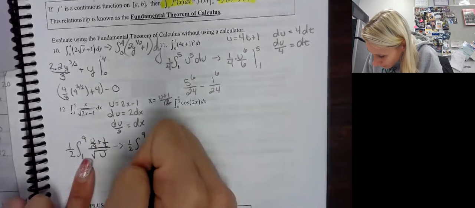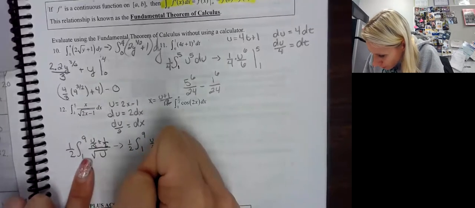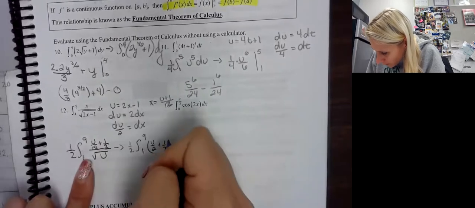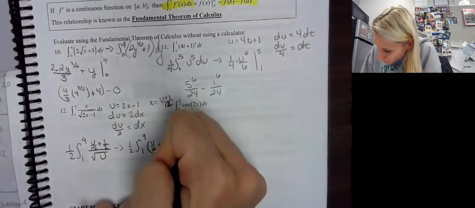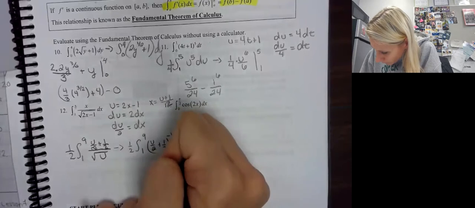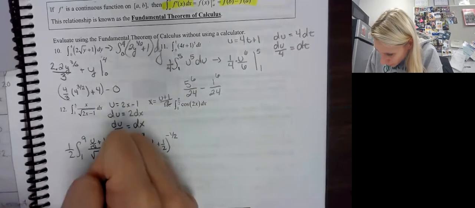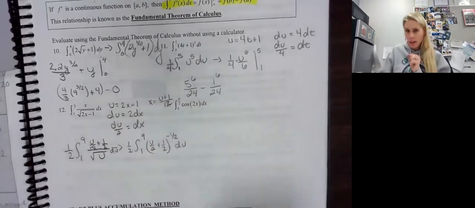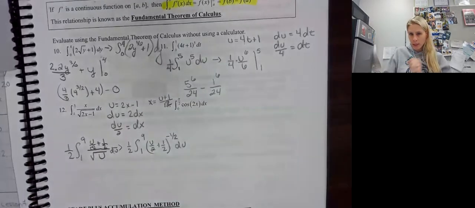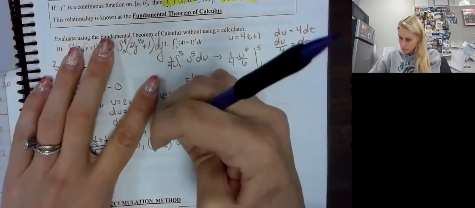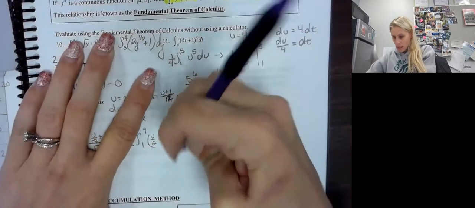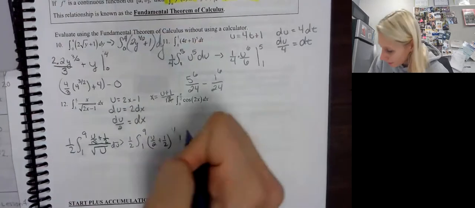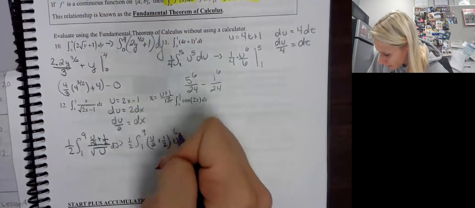I have this u over 2 plus 1/2 to the negative 1/2. Oh, and this should be du. I forgot to use there. Okay, everybody see what I just did? Oops, I forgot u to 1/2. Bringing the u up to the negative 1/2.